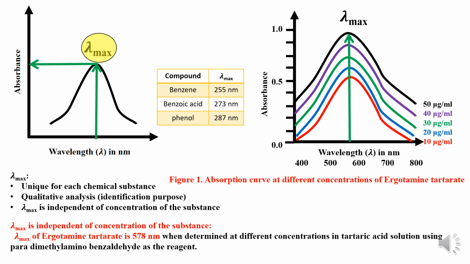Now when you observe the absorption curves carefully, you can find that at 5 different concentrations of ergotamine tartrate, you get 5 different absorbance values. But the lambda max of the drug ergotamine tartrate remains one and the same.